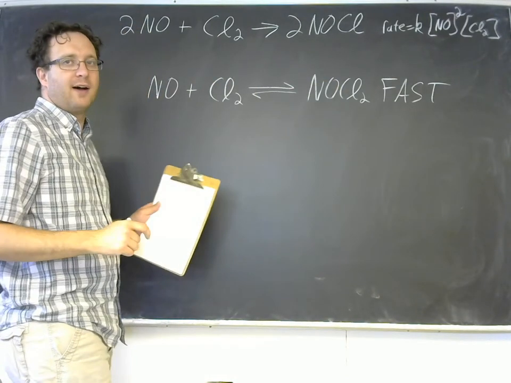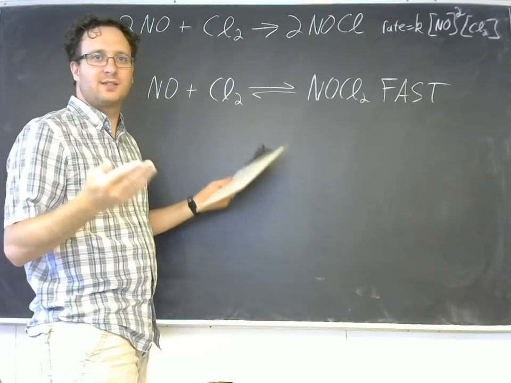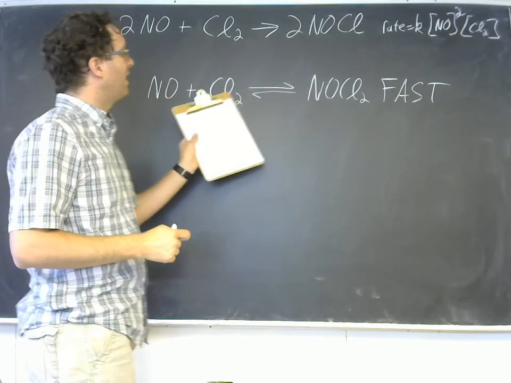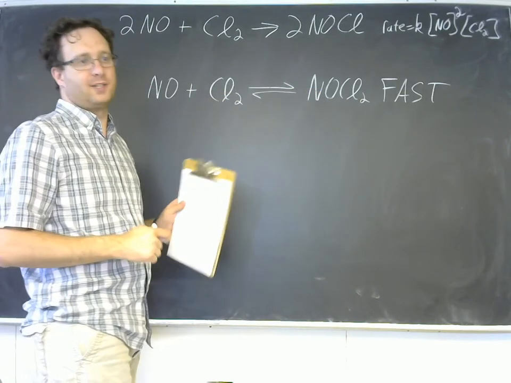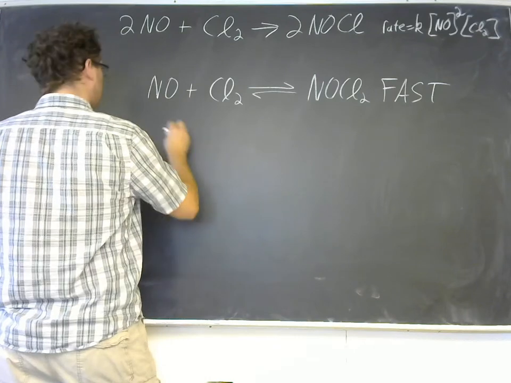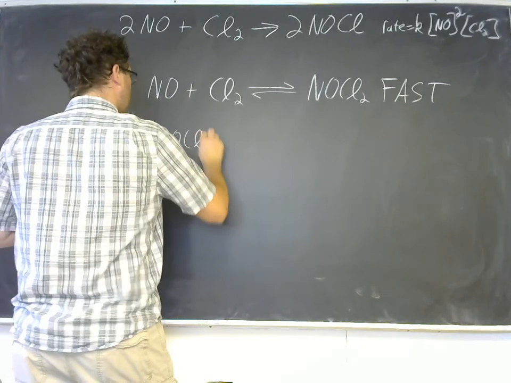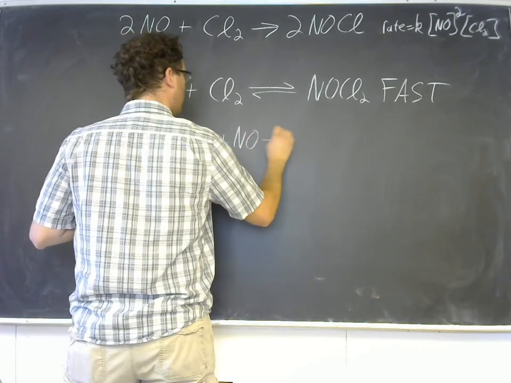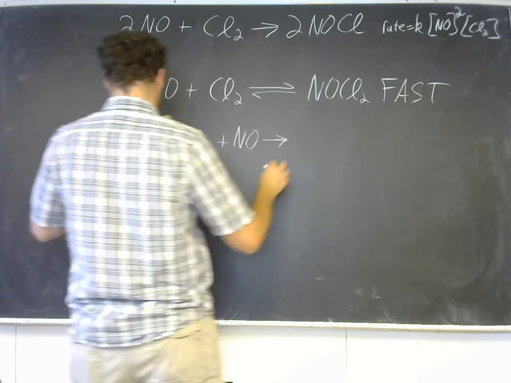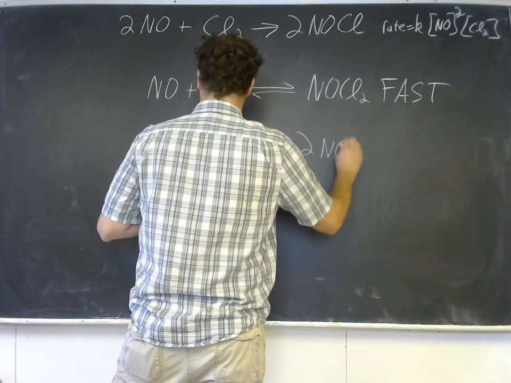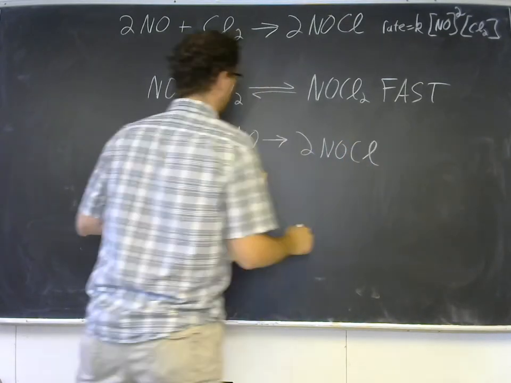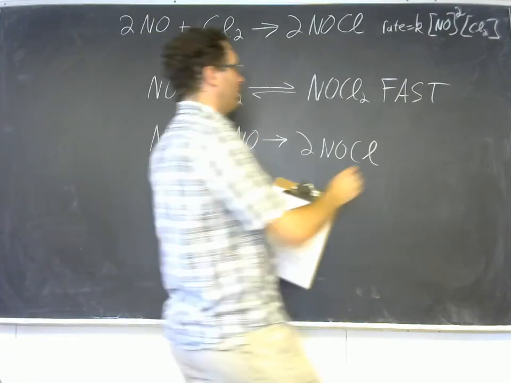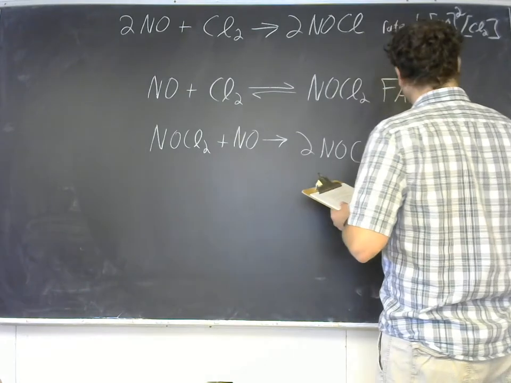We'll have an equilibrium constant K that is going to dictate the concentration conditions of this equilibrium reaction. And then the second step says NOCl2 plus NO is going to form 2NOCl. So this step, you just transfer one chlorine atom from one to the other, and this is the slow step.